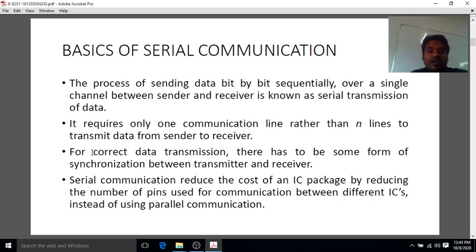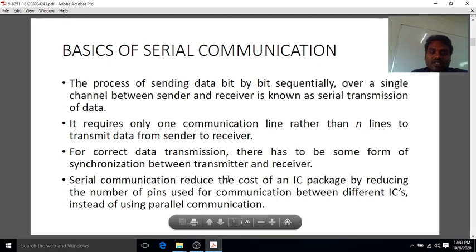That means for correct data transmission, there has to be some form of synchronization between the transmitter and receiver. Only then is correct communication possible. Otherwise, there may be a chance of errors between the transmitter and the receiver.